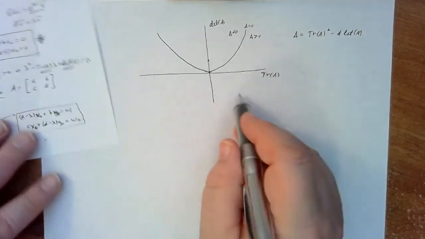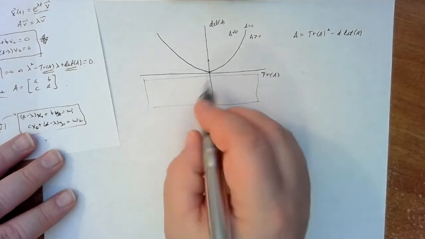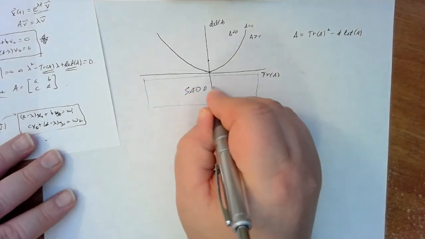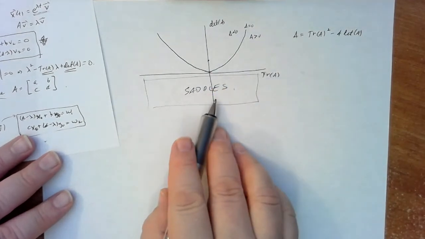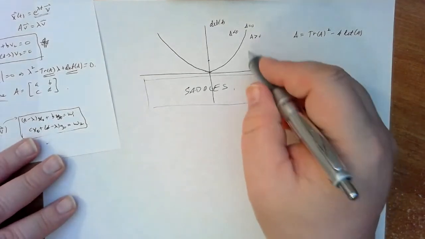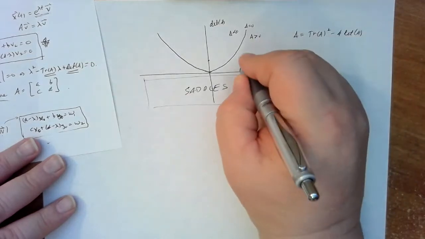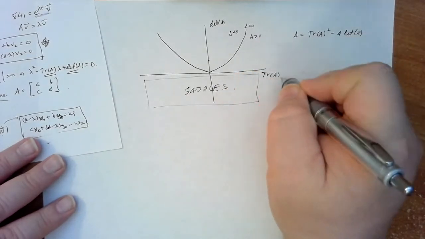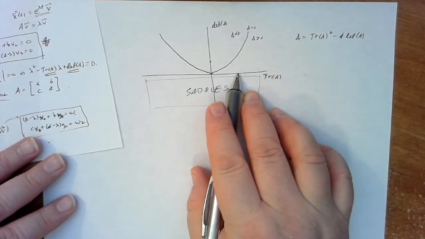Down here, we can go even further. Down here we have all saddles. I should say the origin is a saddle, right? We're classifying the equilibrium solution here. And in this region, I won't label them all, but this is where the trace is positive.